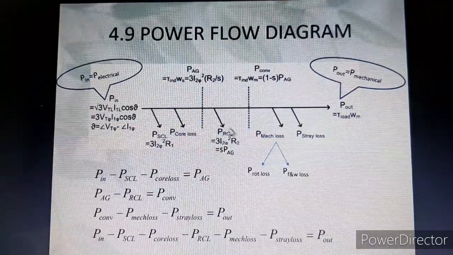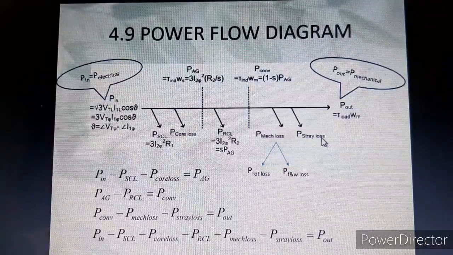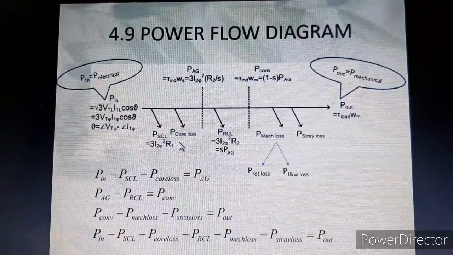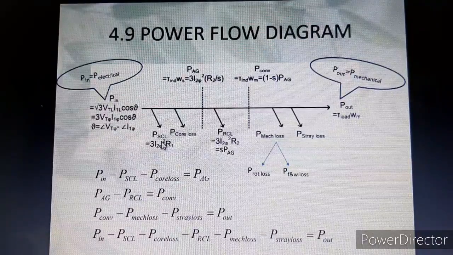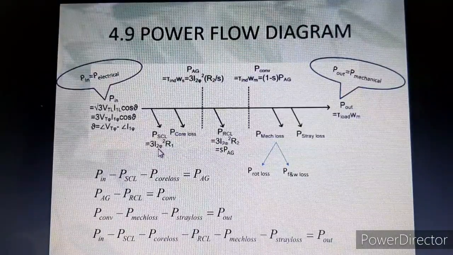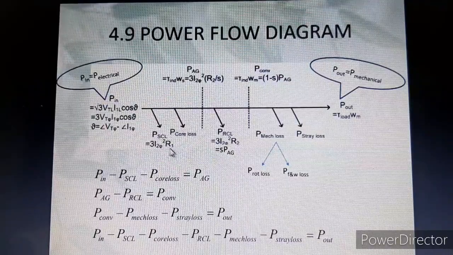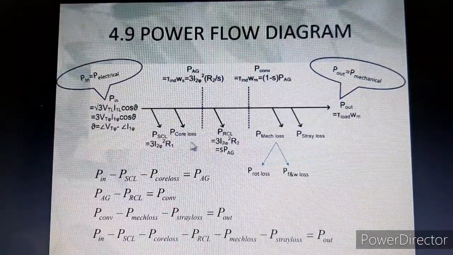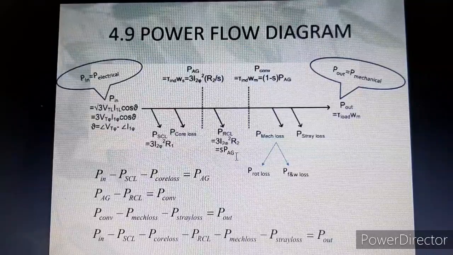1, 2, 3, 4, 5. So we have 5 main losses in an induction motor. Number 1, PSCL, is stator copper loss, the losses at R1. Then we have core losses at your RC, and then rotor copper loss.